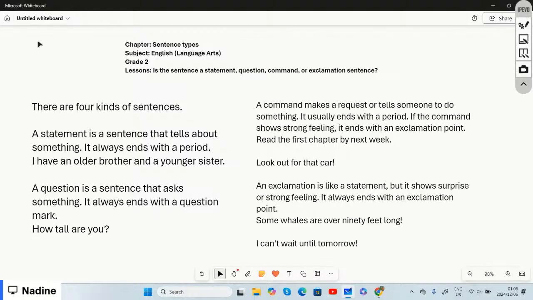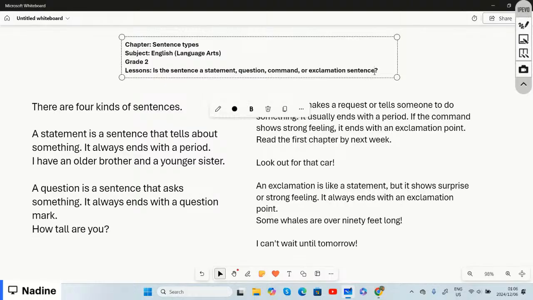And the lessons that we are focusing on today under the chapter of sentence types, it is a sentence a statement, question, command, or exclamation?